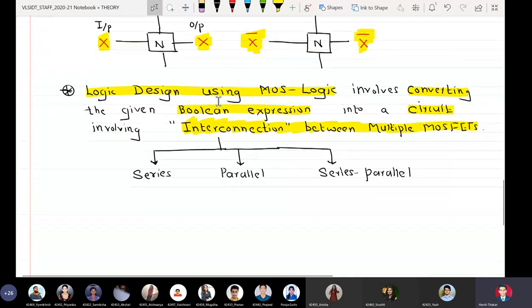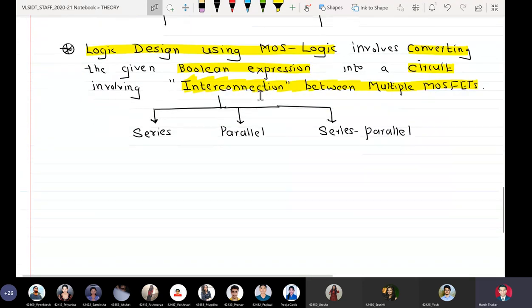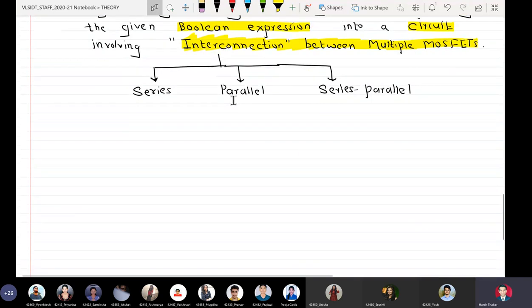So we have to learn that from a given Boolean expression. Now you know that any Boolean expression has three kinds of operations: NOT, AND, OR.